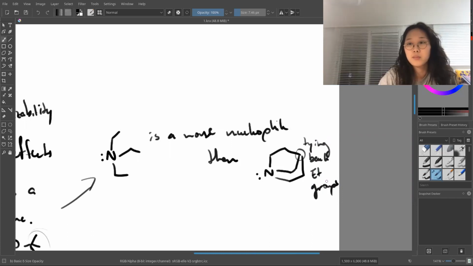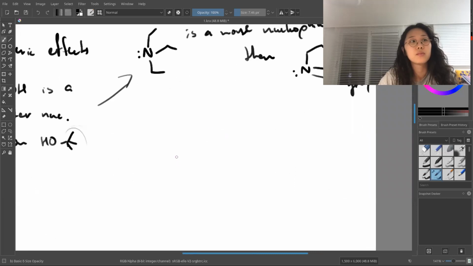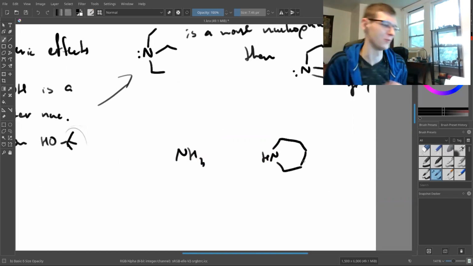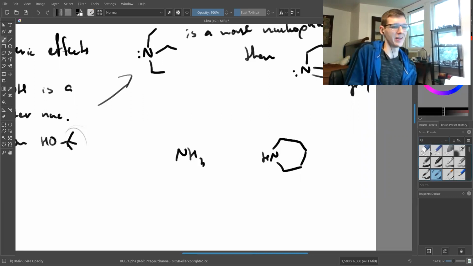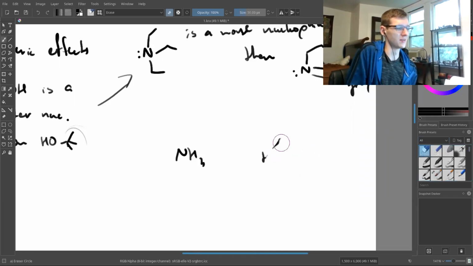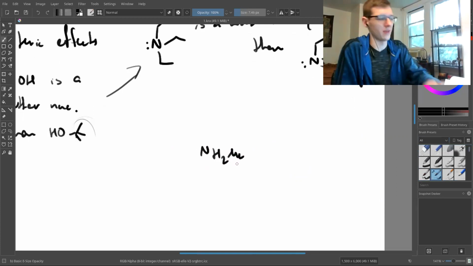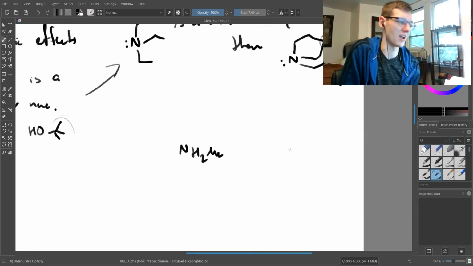For example, NH3 is better than something along these lines, right? But you know that. Nobody's going to ask you to compare, for example, NH2 with a methyl on it, and what I just drew, right?